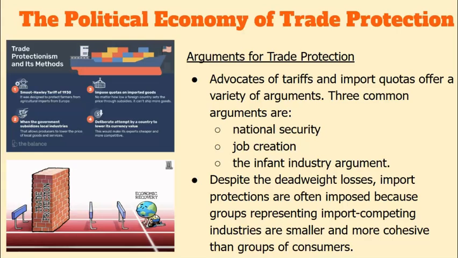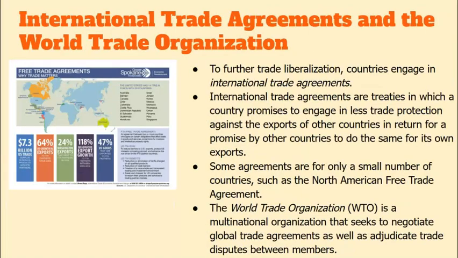So trade protection is one of those ways to minimize the deadweight loss, but is also meant to help the home country. There are a lot of organizations, and the World Trade Organization is one, that are really trying to tackle this, trying to get more free trade out there. It's kind of a 3 steps forward and 2 back in a lot of cases, what we've seen in the last 20, 30 years. There's a lot of back and forth on that one.